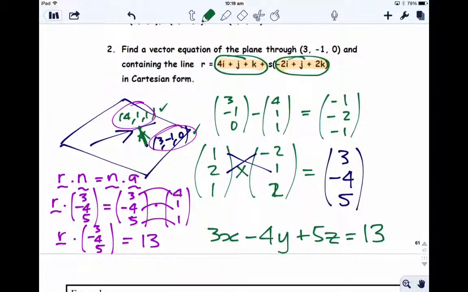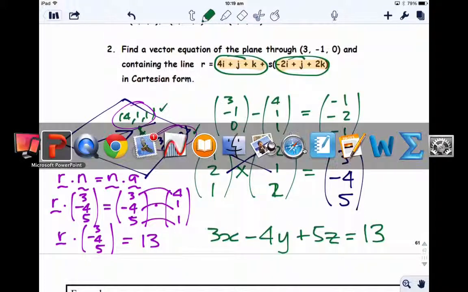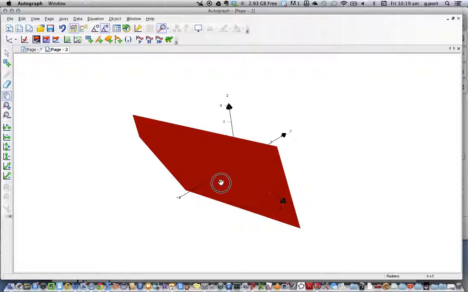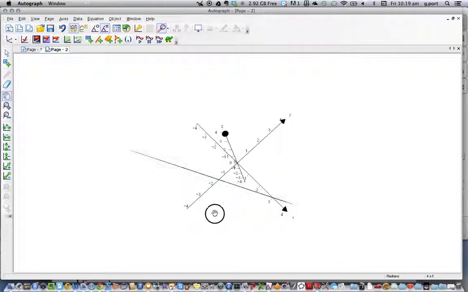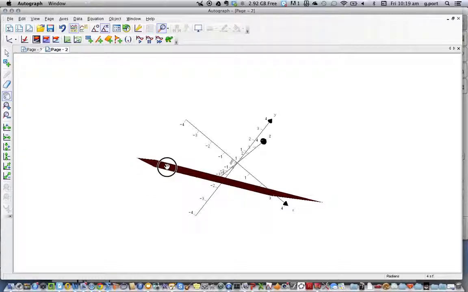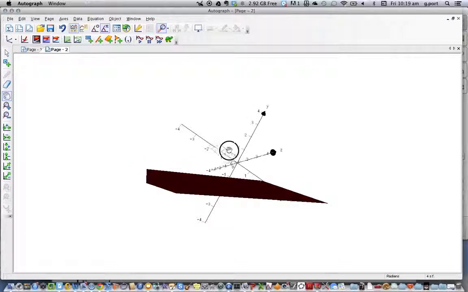Problem solved. Okay, last thing, let's have a look at these planes. Here we've got a plane in 3 dimensions. If we spin it around, you can see obviously it goes off the edge of the page here, but let's draw this one here.